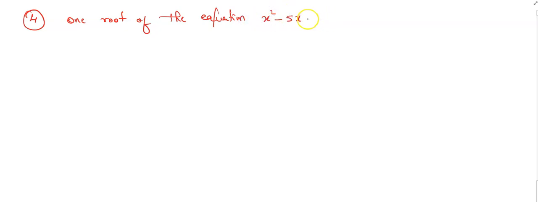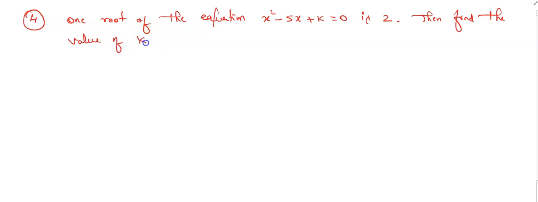Okay, this is question number 3. Now let me solve problem number 4. Here the question is, one root of the equation x square minus 5x plus k is equals to 0 is 2, then find the value of k.